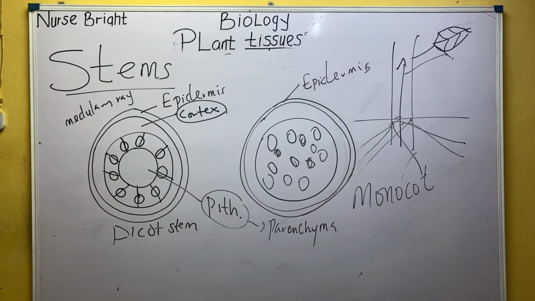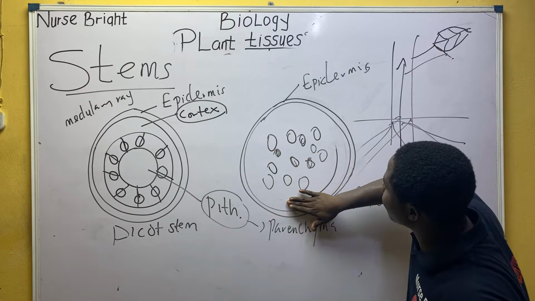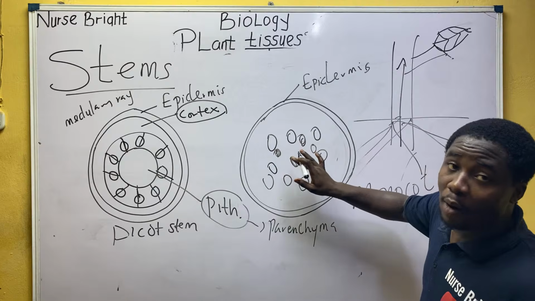So let us complete the monocot stem. Let us do that now. In a monocot stem, let us get this straight, please listen: there is no distinct difference between the cortex and the pith.